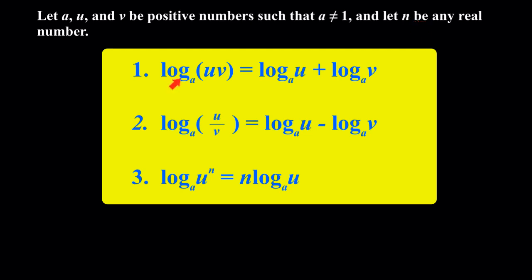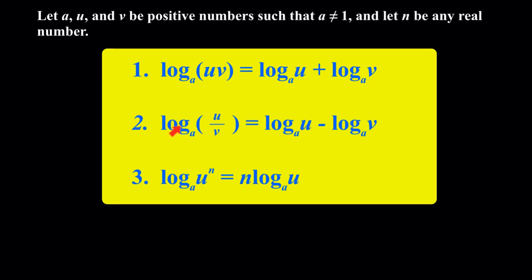All right, so the first property says that the log base a of u times v is equal to log base a of u plus log base a of v, which means if you have multiplication in between these two numbers, we can separate this into two logarithms, where we are taking the log of the first number plus the log of the second number.